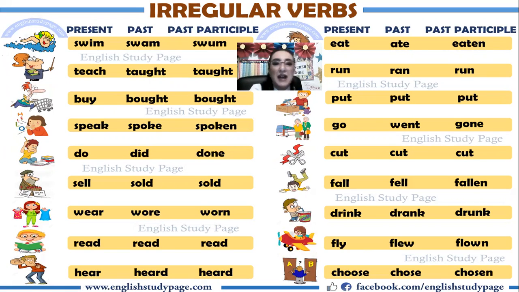Yes, for example, buy, bought, bought. In two tenses, they are equal. The situation sometimes, or most of the times, is going to be at the beginning, the first verb, not the verb in present. Then sometimes the verbs in past and in past participle are going to be easier.